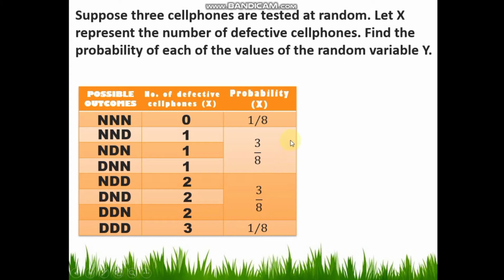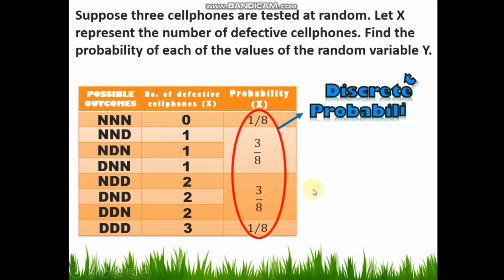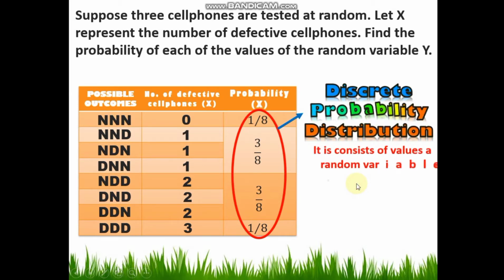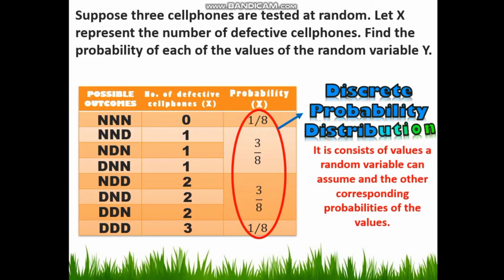Now, this column here, these values here, 1 over 8, 3 over 8, 3 over 8, and 1 over 8, these are what we call your discrete probability distribution. Actually, the discrete probability distribution is the whole of this, which includes the third column, which is the probability of x. Now, what is a discrete probability distribution? The discrete probability distribution consists of values a random variable can assume and the corresponding probabilities of the values.